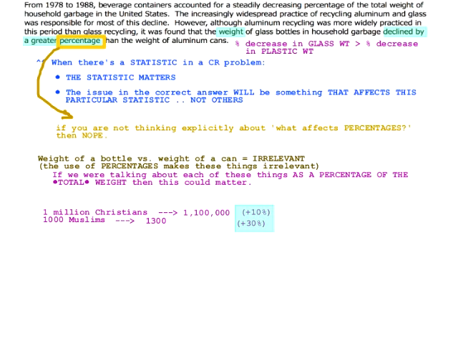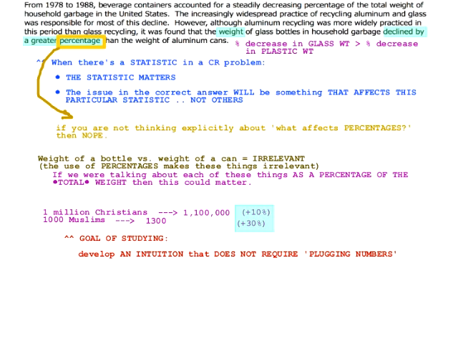The goal you should have when you study these things is to develop an intuition that does not require plugging numbers. If you do need to plug numbers once or twice to get there, then do it. But you shouldn't have to waste the time as you're doing the problem.